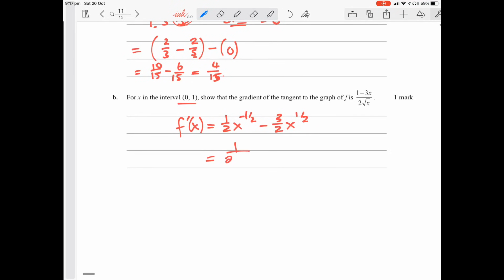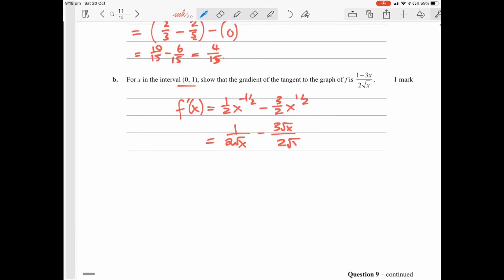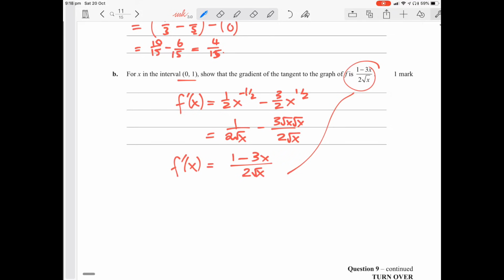So I get 1 on 2 root x minus 3 root x on 2, which means I've got to multiply that by root x on root x, which is 1 minus 3x on 2 root x, which is what they wanted us to show. So all I did was differentiate them individually and then get them over a common factor of 2 root x.